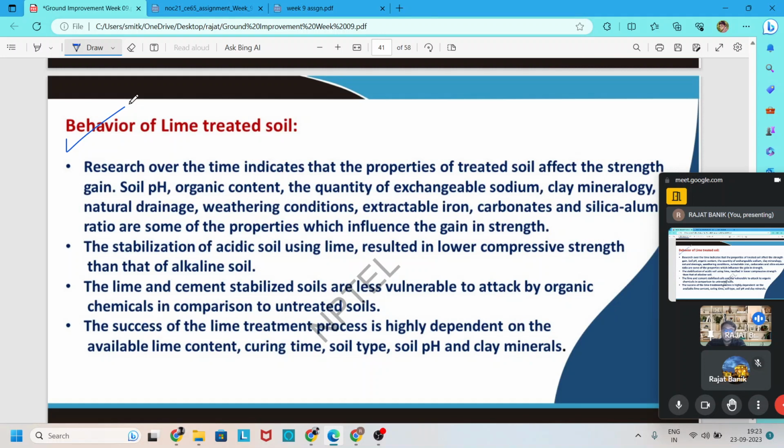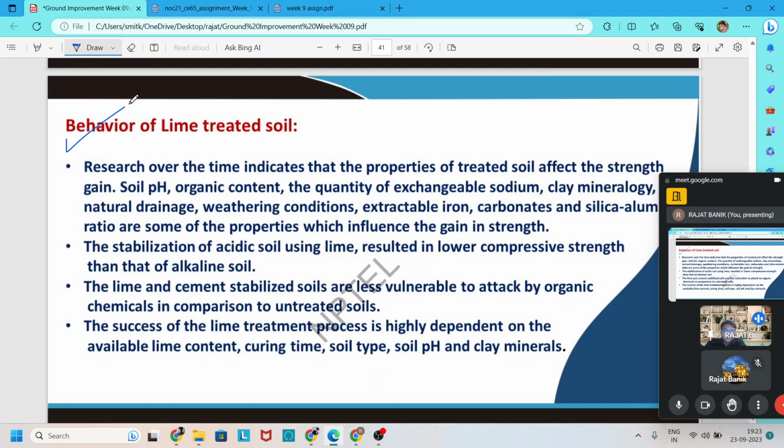The lime and cement stabilized soil are less vulnerable to attack by organic chemicals in comparison to the untreated soil. We know that some untreated soil is very vulnerable to organic chemicals. So when we apply lime or cement to stabilize the soil, this soil becomes less vulnerable.